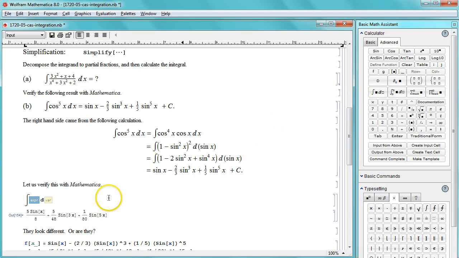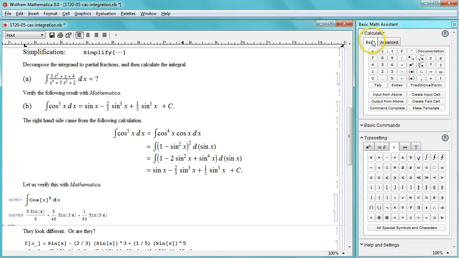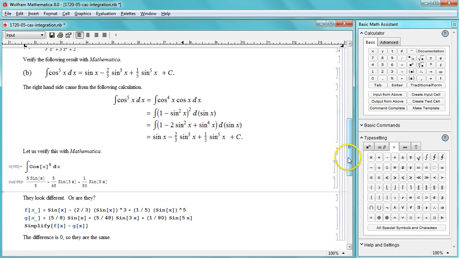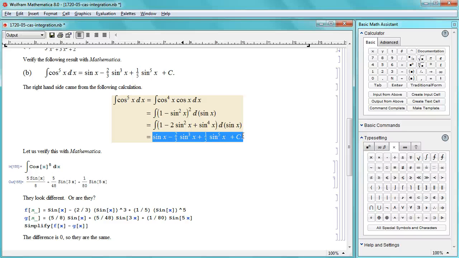So rewrite it, cosine of x to the 5th power dx, and then run it, and okay, we get something like that. Now let's compare Mathematica's response and the computation we did. They are supposed to be the same, but are they?